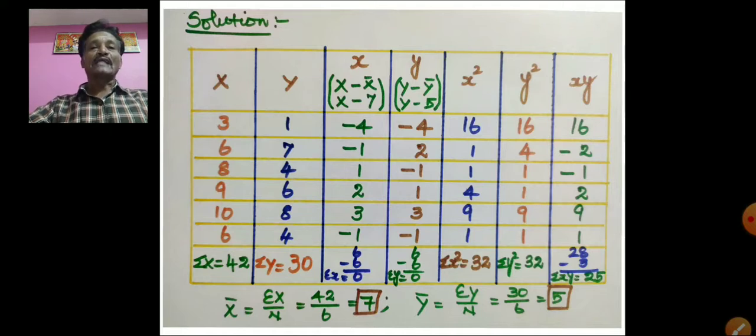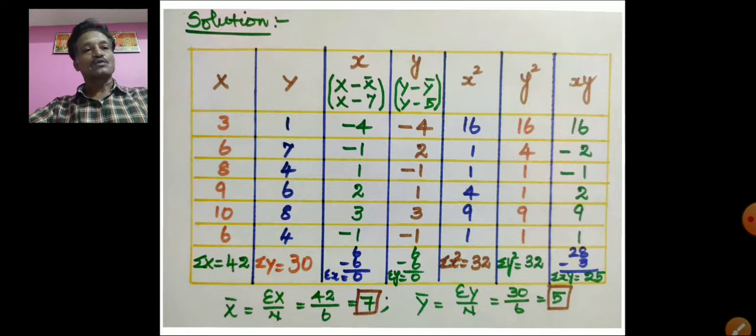Under actual mean method, we have to use only 3 values, that is sigma small xy, sigma small x square and sigma small y square. Here sigma small x square is equal to 32, sigma small y square is also equal to 32 and sigma small xy is equal to 25.